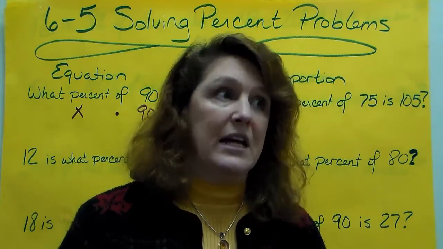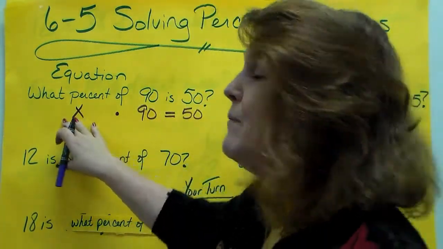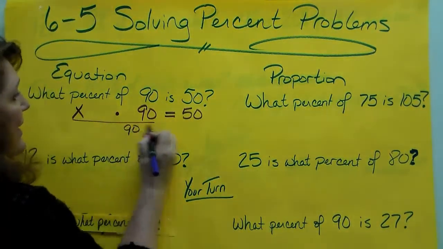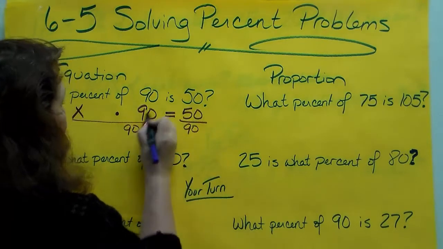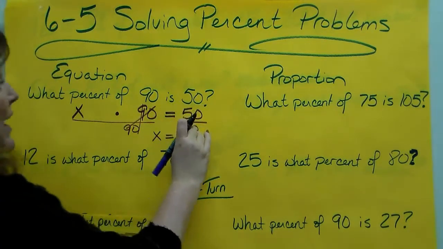90x equals 50. I've got a 90 multiplied to my x. How do I get rid of it? I'm going to divide each side by 90. Now these go away, and I've got x equals 50 divided by 90.